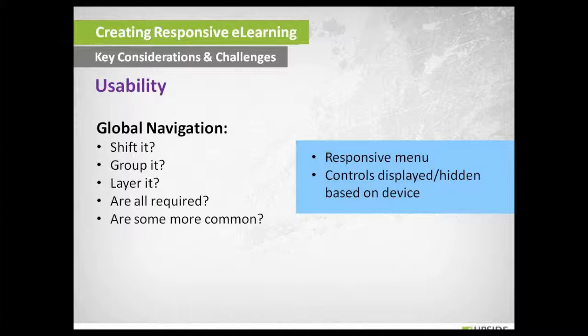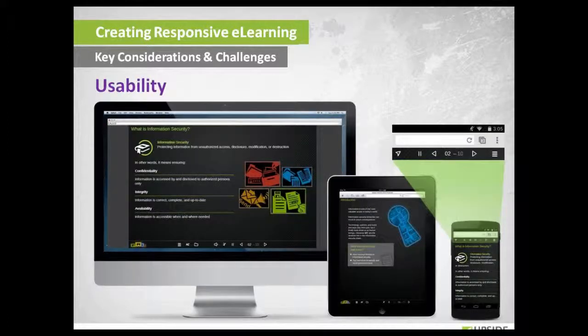These work well on larger devices, maybe a desktop or a laptop, or a tablet in landscape mode. But on smaller devices, how do we present these different navigation elements? Do we shift them, move them, layer them differently? So what we did was think of a solution where we grouped the different navigation and layered it differently.